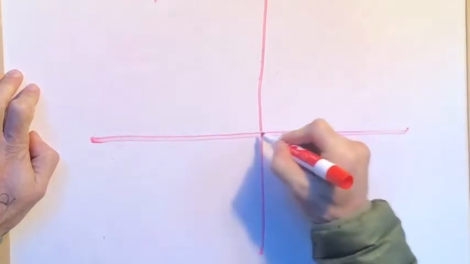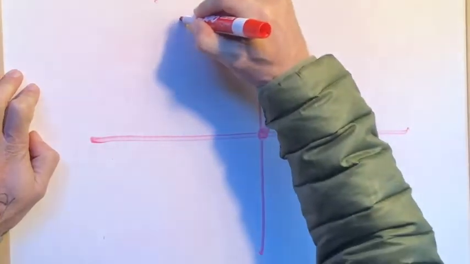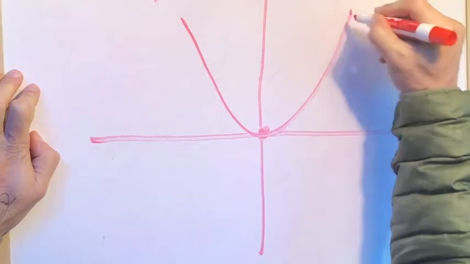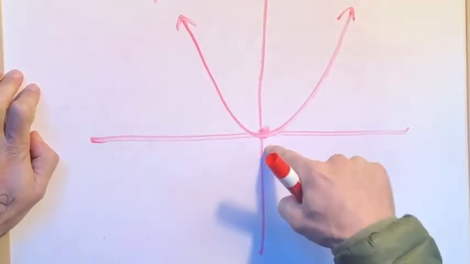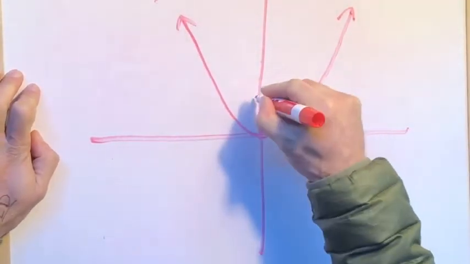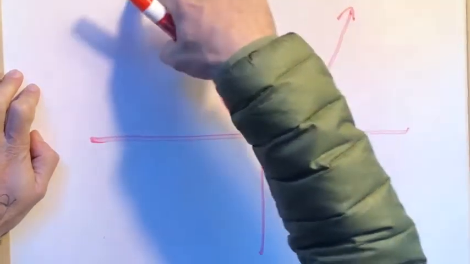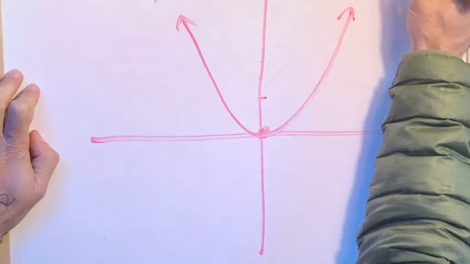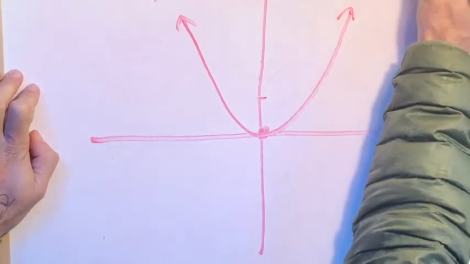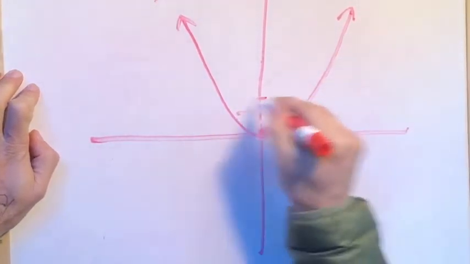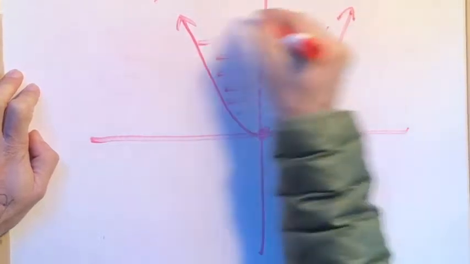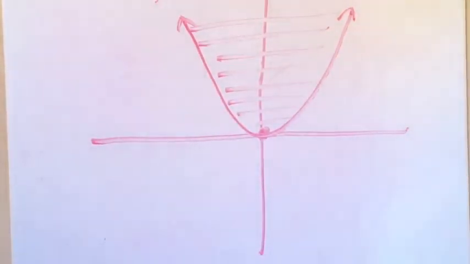This is going to be a solid quadratic. Now, I'm not going to use 0, 0. I'm going to use another test coordinate. Let's use 0, 1. 0 for your x, 1 for your y. 1 is greater than or equal to 0 squared, which is 0. This is a true statement, so I'm going to shade inside. Okay, that's the first one.